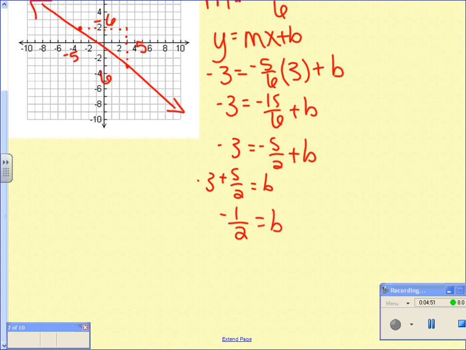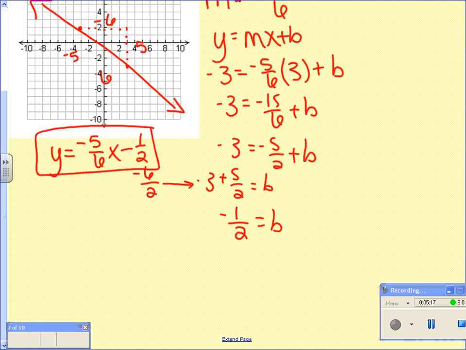Over 2. Does that make sense? Step 4 said solve for b, right? What was the last step? What would your equation be? Yep. Y'all see how that works? Does that make sense? Okay.